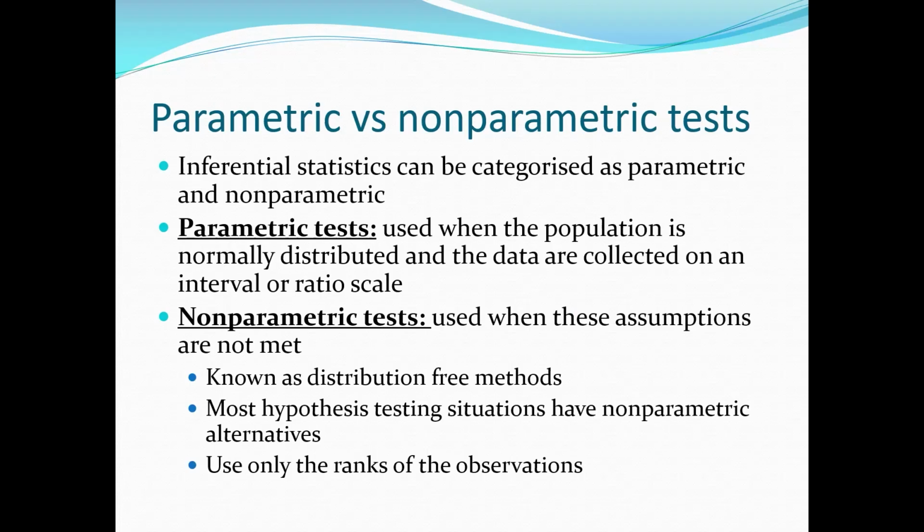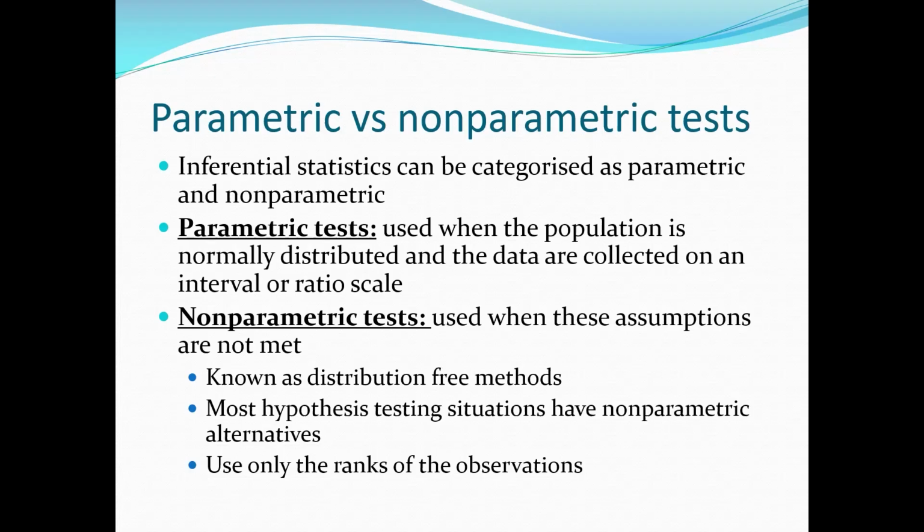Non-parametric tests can be used when the data are normally distributed as well as not normally distributed, in both situations, but parametric tests can be used only when the data are normally distributed.